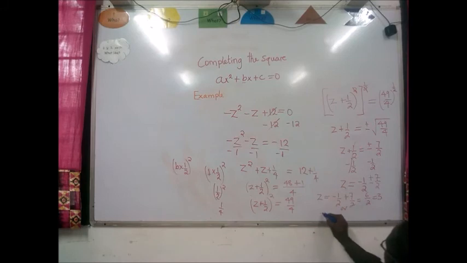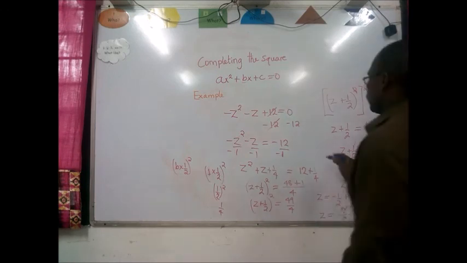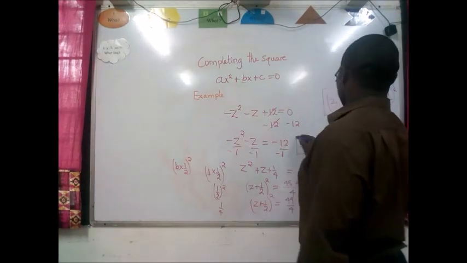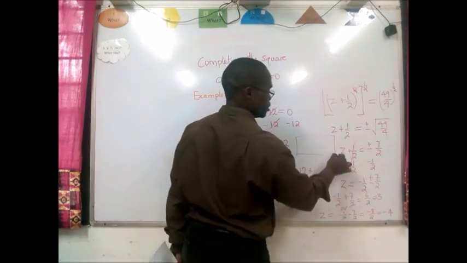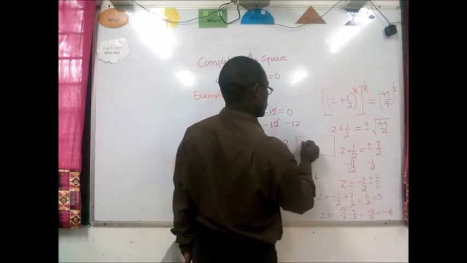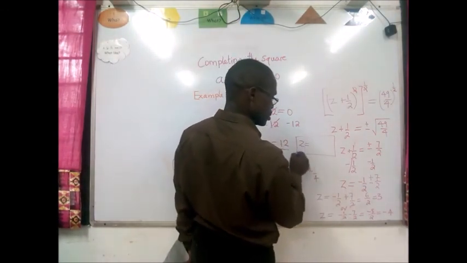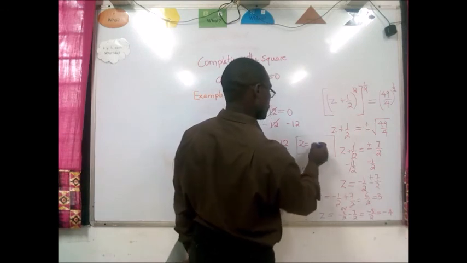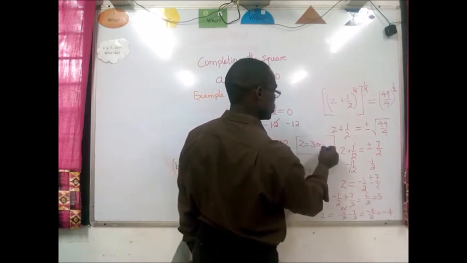Or z is equal to negative half minus 7 over 2, which is equal to negative 8 over 2, which is equal to negative 4. So our answers for z are positive 3 or negative 4.